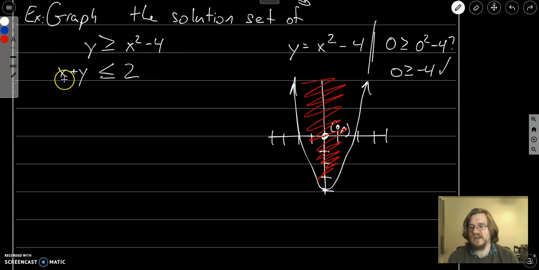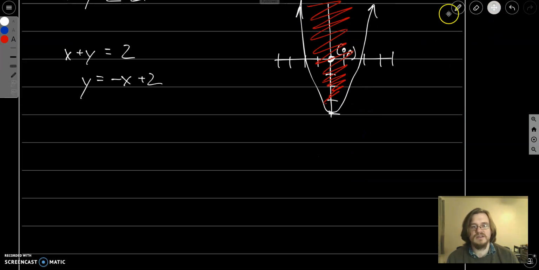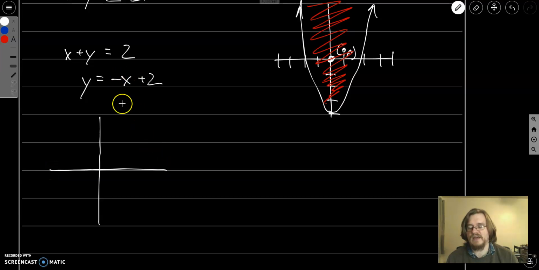So now let's do x plus y is less than or equal to 2. Well, the first order of business is to replace this with an equal sign, and I have to solve for y so that we can graph this. So if I move this over, this is y equals negative x plus 2. Nice. So when I'm graphing this, again, we have it in slope-intercept form.